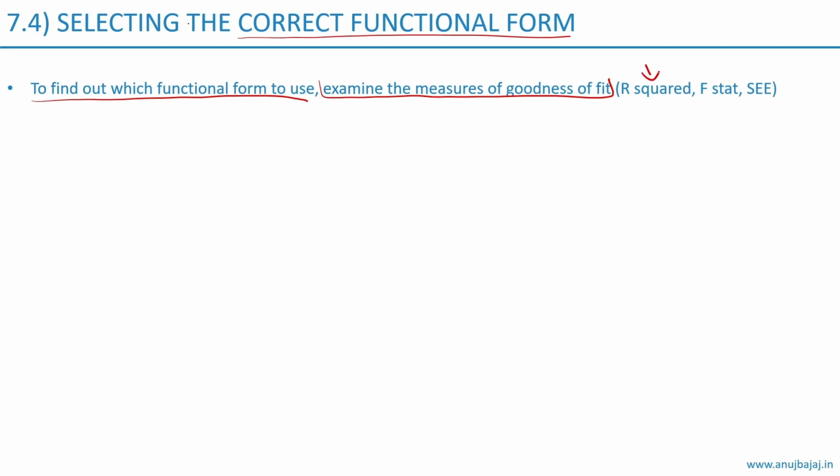The model with high R square and high F stat should be preferred over other models, and the model with lower standard error of estimate should be preferred. For some models, we cannot directly compare the R square, F stat or the standard error of estimate. In such cases, we need to transform these measures of goodness of fit and then compare the two models to decide which model is more accurate.